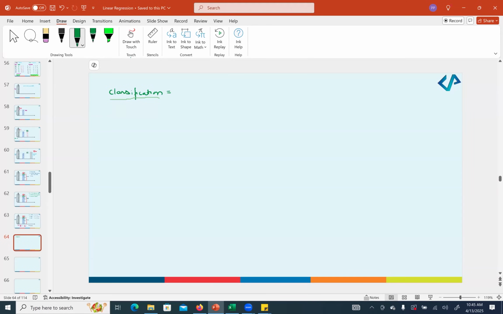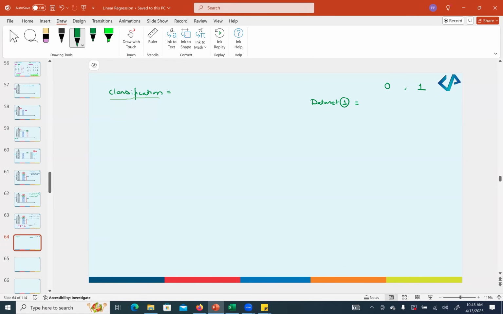So actually, what happens is that, let's say I have some data set, let's call it data set 1. In classification, let's say there will be 2 classes, 0 and 1. Now this 0 and 1 can be pass and fail, male or female, loan should be given or not given, churn or not churn. So 2 classes are there, 0 and 1.